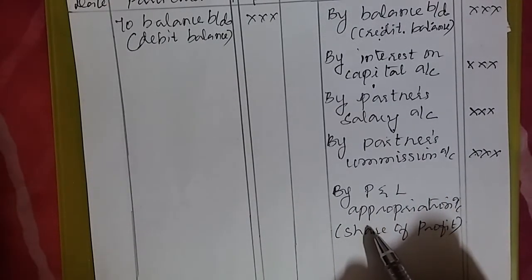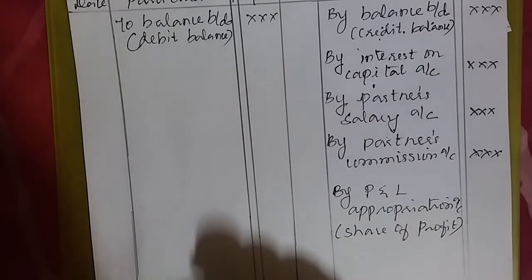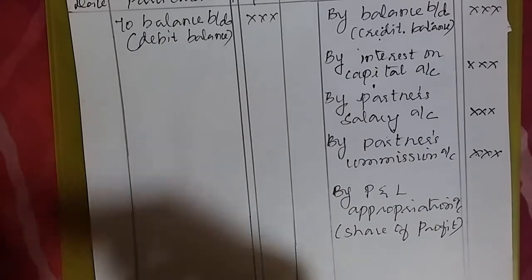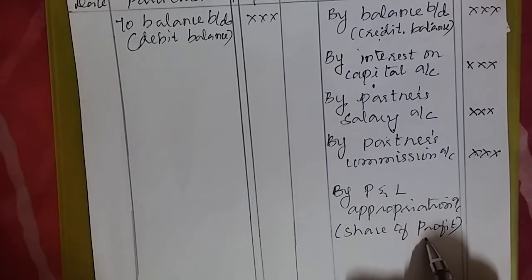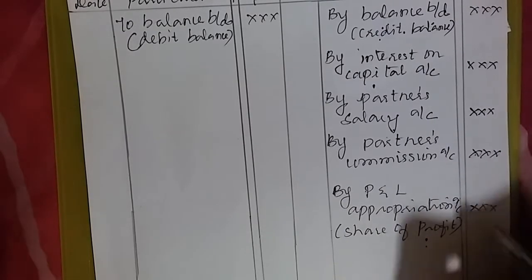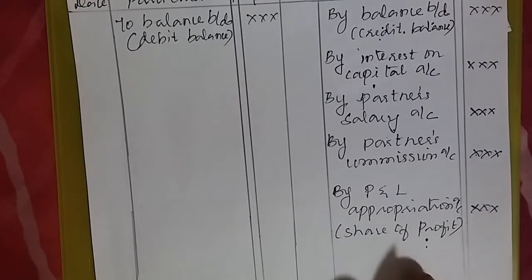In the P&L appropriation account, profit was calculated, and that is transferred to partner's current account. Profit is a credit balance, so we write it on the credit side of partner's current account.